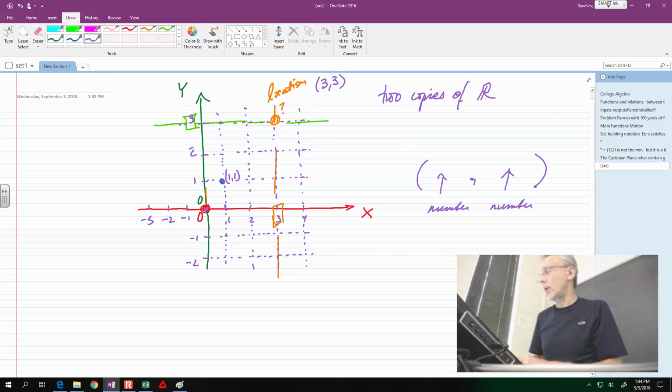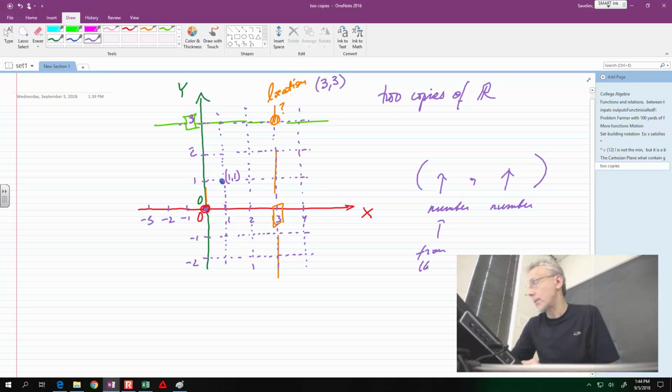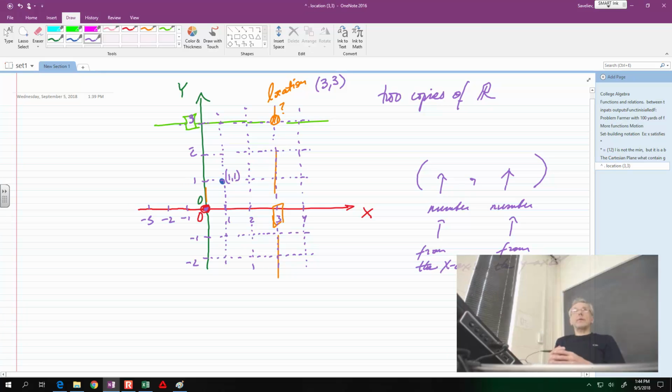Okay, so remember where these numbers come from. This number comes from the x-axis, and this comes from the y-axis. So one from horizontal, one from vertical.